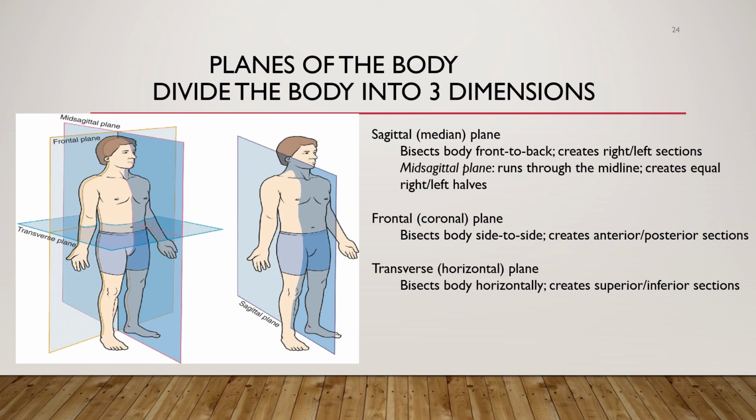I want you to be familiar with how these divide up the body. And then later on, in another chapter, we'll talk about what movements are made within each of these planes. So this is a good introduction to try to definitely be familiar with these terms.